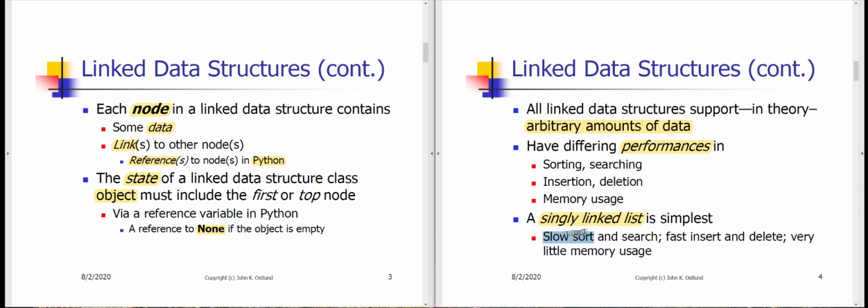However, doing certain operations like sorting elements in a linked list or searching for elements in a linked list is going to be very slow. Inserting a value at the beginning of the list, on the other hand, is extremely fast. And deleting elements from within a linked list is also quite fast. All right, so let's turn this blabbering of mine into actual code.